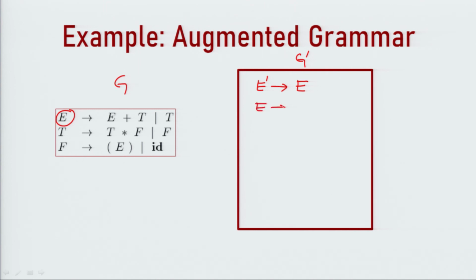So, here we write E to E plus T or T, then T productions, T to T multiplication F or F, then F productions, F to parenthesized E and ID. So, this is the process of obtaining the augmented grammar.